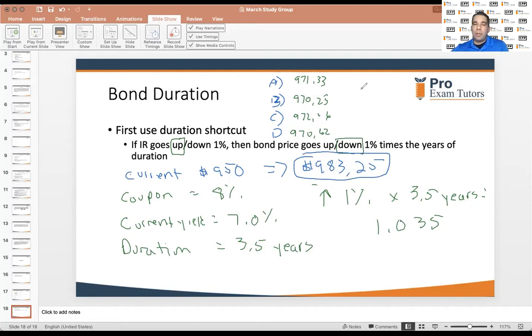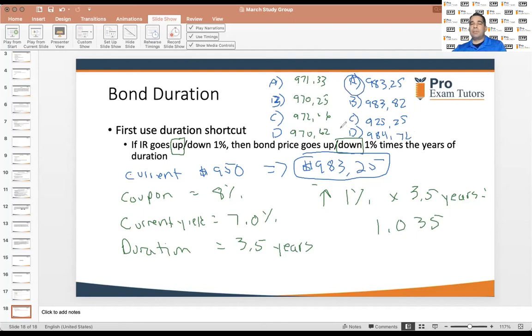So what you're going to expect to see on the exam, because again, they know that you might know the shortcut, they're going to give you answer A is this, but answer B is this, and answer C, maybe they just send the bond price down, I don't know, to 925.25, and answer D is 984.72.